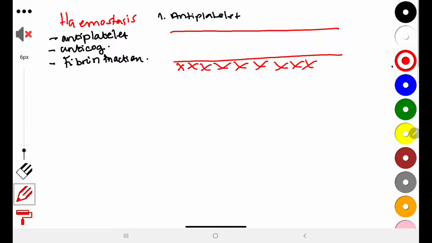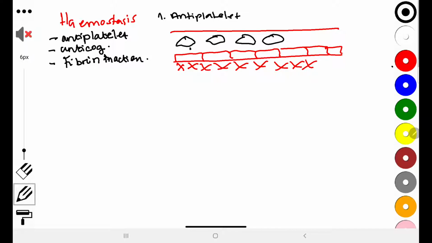First of all, we have the endothelial cells themselves acting as a barrier between platelets and this matrix. The endothelial cells in the capillaries also produce chemicals. So first we have the barrier, and then we see chemical production.